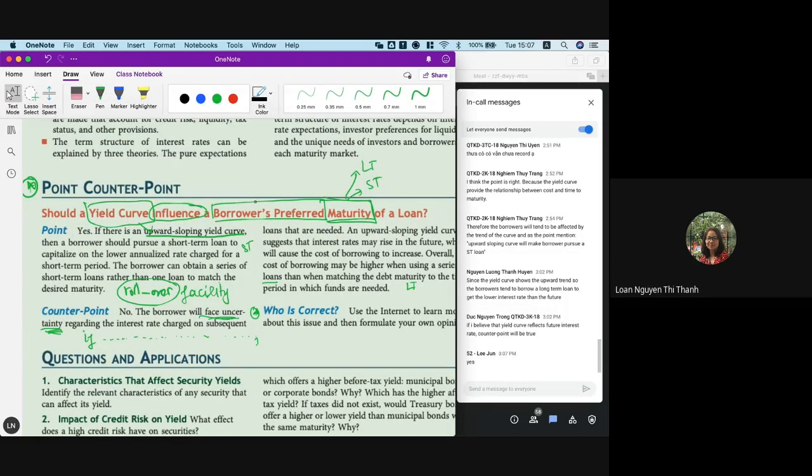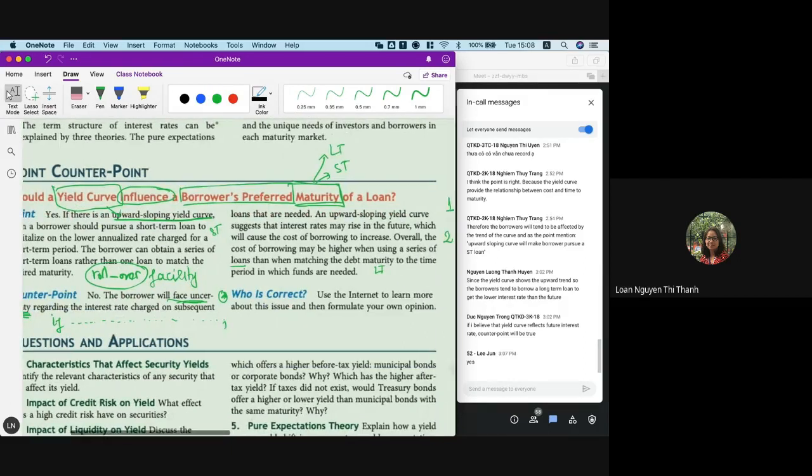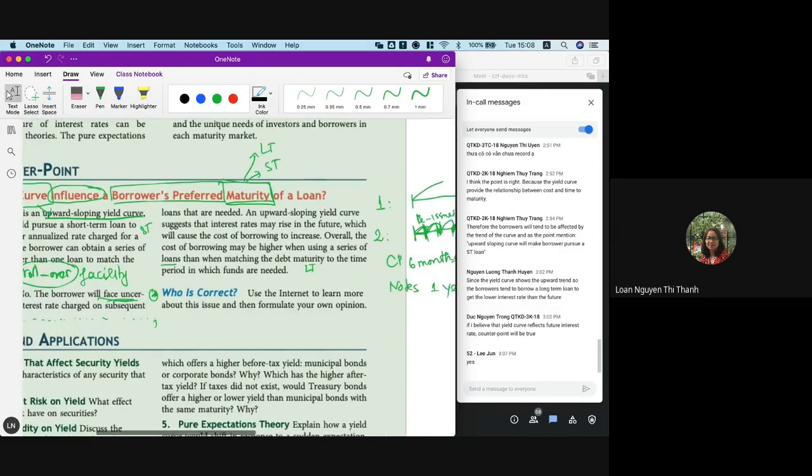We have two sides, point and counterpoint. The point has some validity, some ideas are correct, but the counterpoint is the same. We don't have a totally correct or wrong answer here. It is very difficult to decide totally correct or totally wrong.